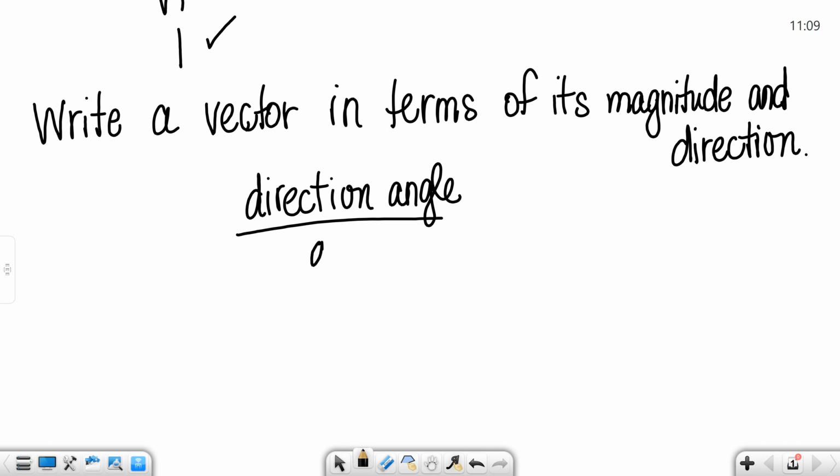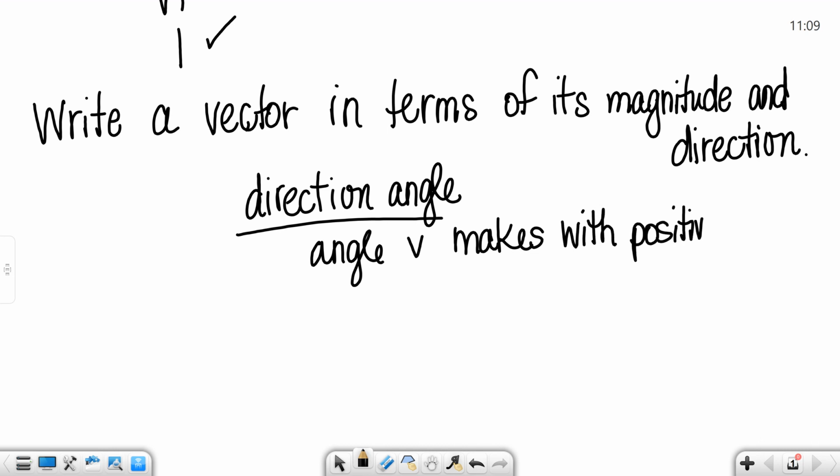is an angle that our vector makes with the positive x-axis. So that's the angle that they're talking about, the angle it makes with the positive x-axis. Now typically we have our vector in component form.